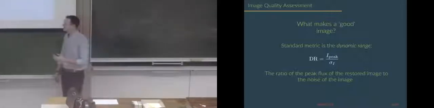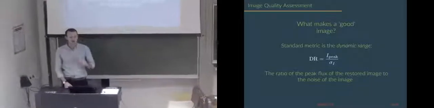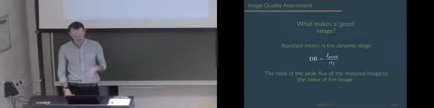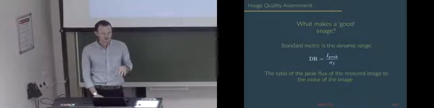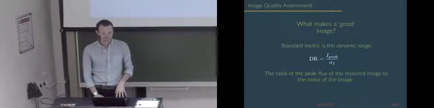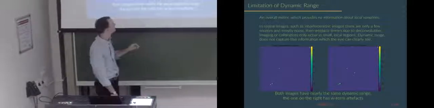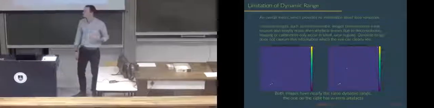Right? So typically what people do is they go, well, let's look at the dynamic range of an image. What's the peak flux versus the noise level? And you'll see that show up quite a bit in imaging. People talk about the dynamic range. The big issue with dynamic range is it doesn't say anything about the structures.